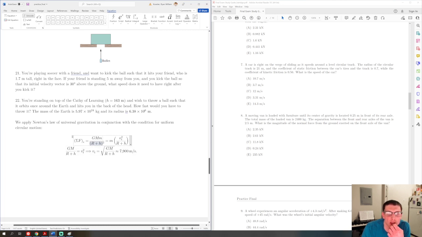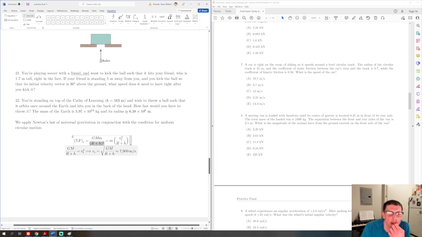We saw, for instance, that the masses canceled. So the mass of the ball, little m, cancels from the left and the right, since it's common to both sides. And a factor of r plus h cancels out too, because you have the quantity r plus h squared in the denominator on the left and r plus h in the denominator on the right.